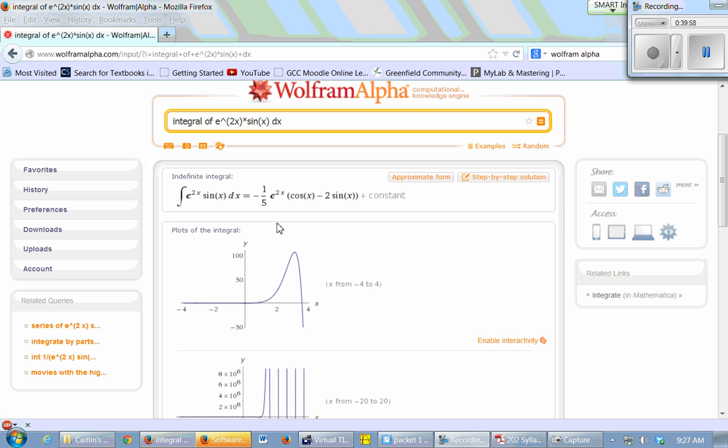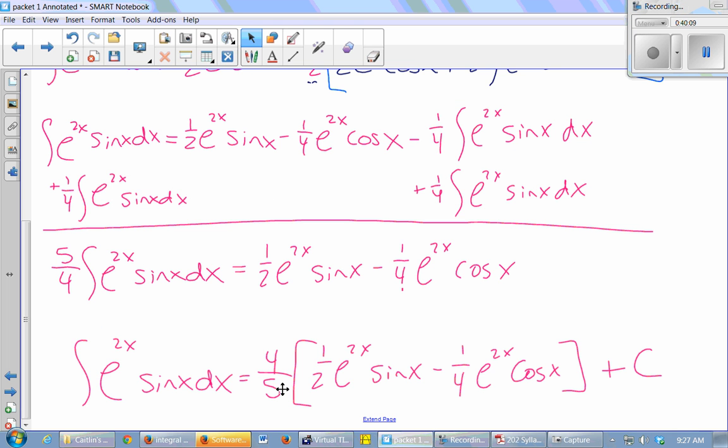That looks like it could be equivalent to ours. We might have to do a little bit of algebraic manipulation to show that that's right, but so we've got a 1/5 cosine x and a 2/5 sine x. Yeah, that's going to be 2/5, and that's going to be 1/5. Yeah, it's equivalent when you distribute the 4/5. Hooray!